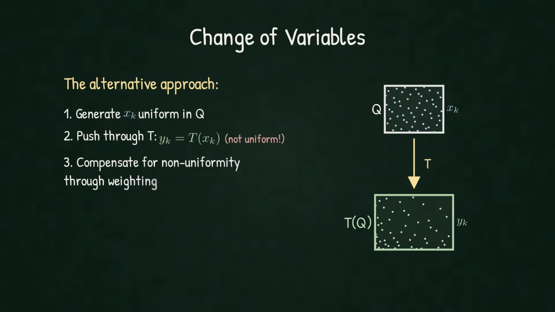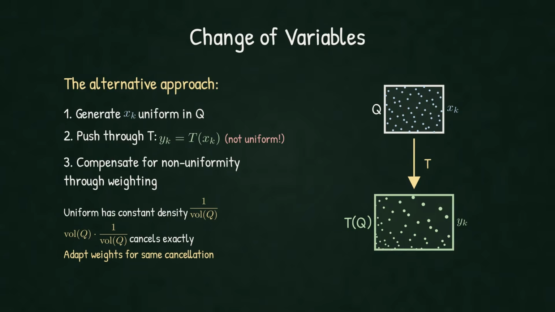Now the averages converge. Remember, for uniformly distributed sequences, the constant density 1 over the volume of Q cancelled when we multiplied by the volume of Q. Now the density is spatially dependent, so we need a spatially dependent weight, the volume of Q times the absolute determinant of the Jacobian at each point.